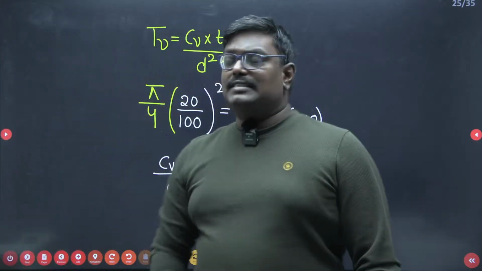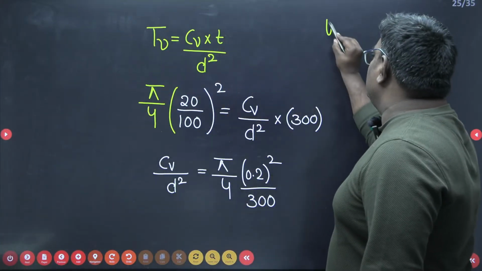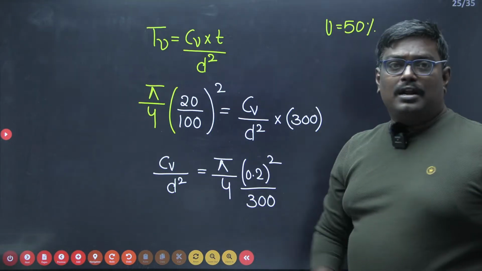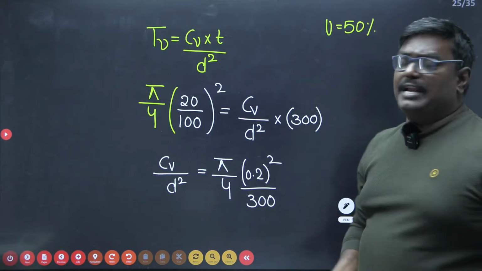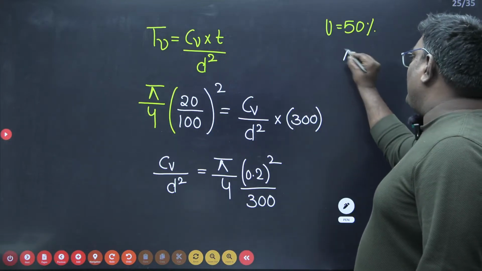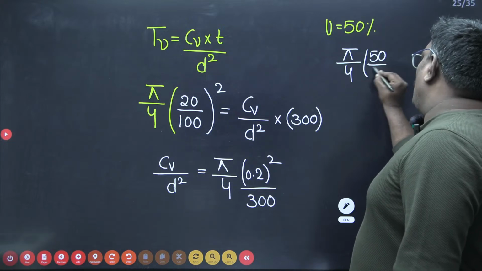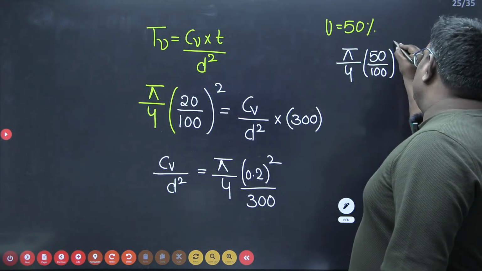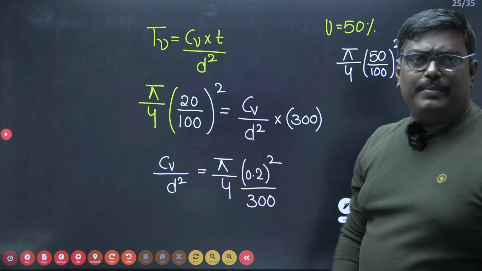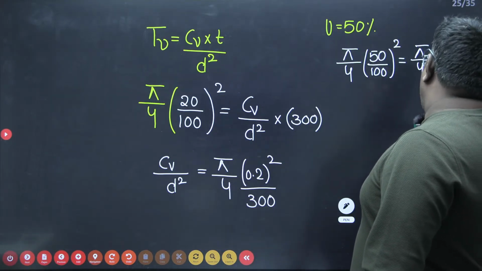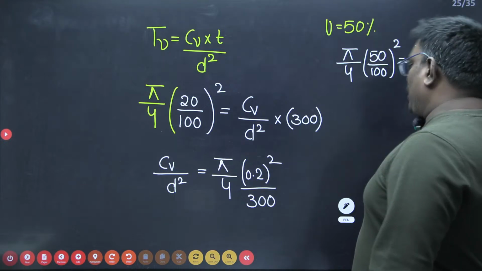Now what is asked? We know the degree of consolidation is 50 percentile. Now for 50 percentile, what is the time required? So you can equate pi by 4 into 50 by 100 whole square is equal to Cv by d square into t. What is the value of Cv by d square? You can write it as pi by 4 into 0.2 whole square upon 300.